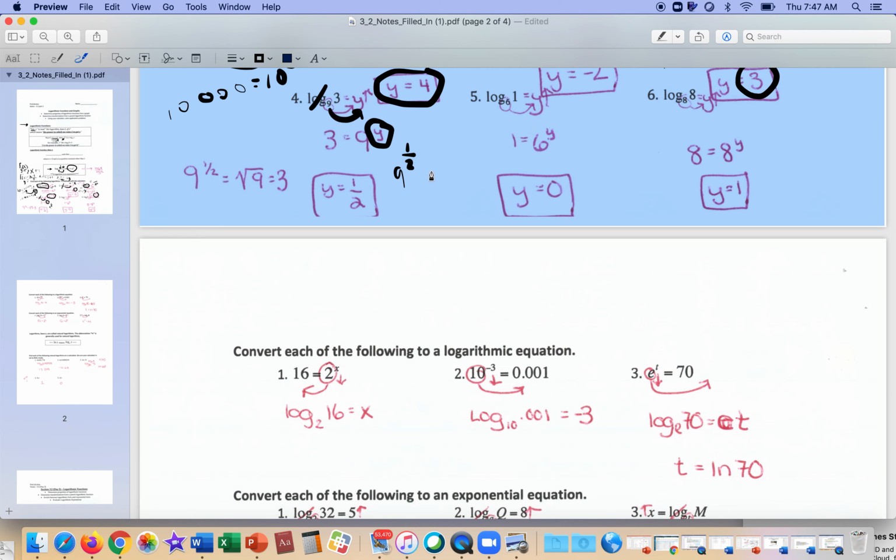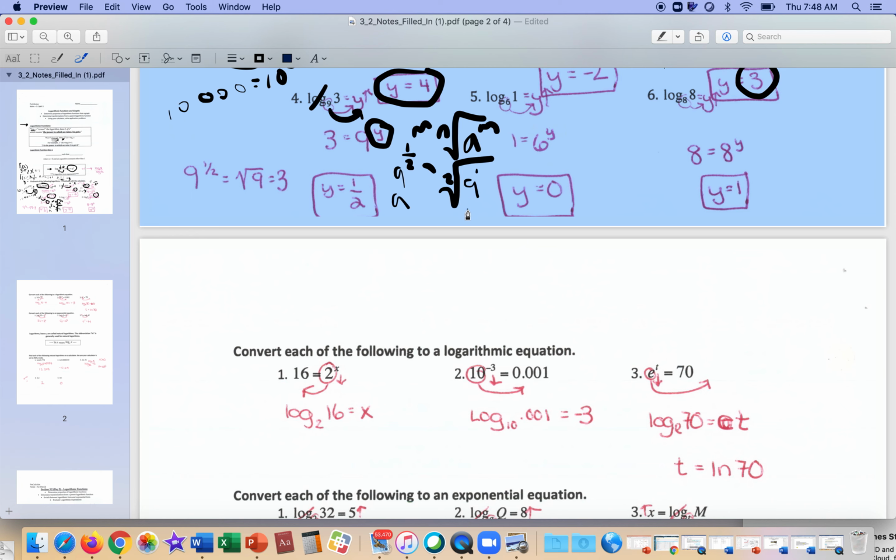Because remember, when your power is a fraction, m over n, you can rewrite that as, sorry, this is really sloppy, your index goes there, and the a to the m goes underneath. So you'd have the square root, because the n is a 2, of 9 to the first, right?